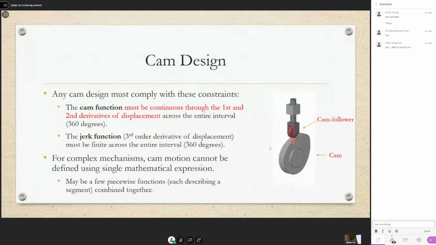Maybe 0 to 50 degrees, there's a certain weird motion. Then 50 to 200 degrees, the motion changes and becomes another weird motion. Then 200 to 360 is another kind of motion. So you can break the one I just described into three piecewise functions to describe this complex motion. So it can be broken down also.